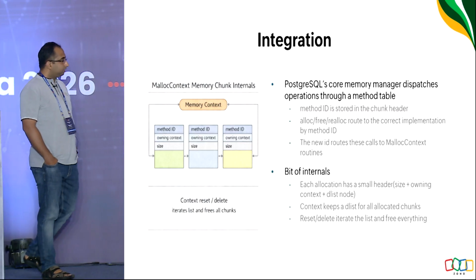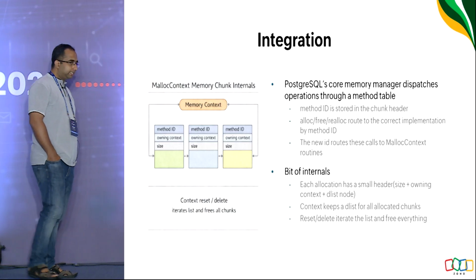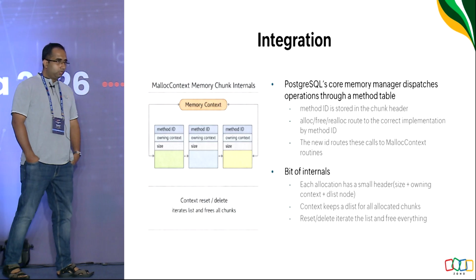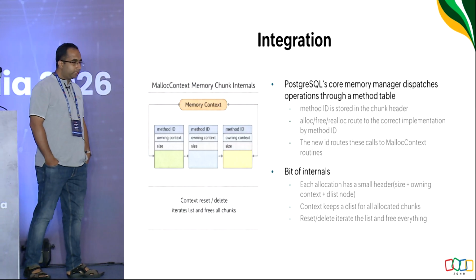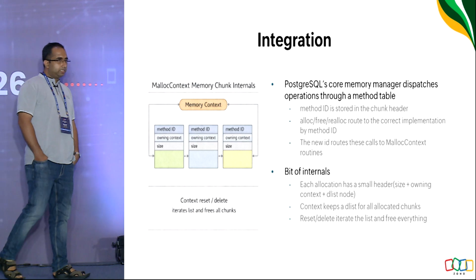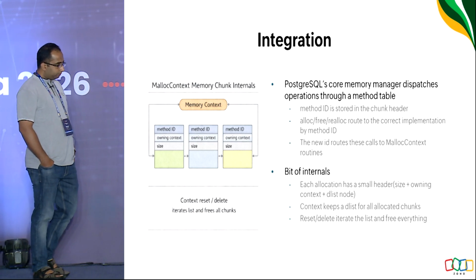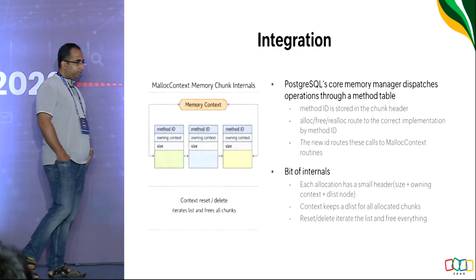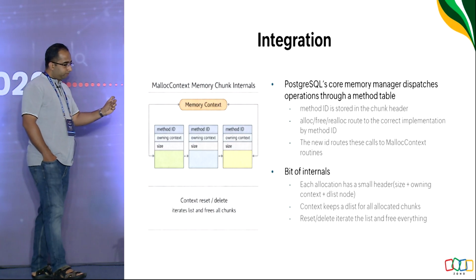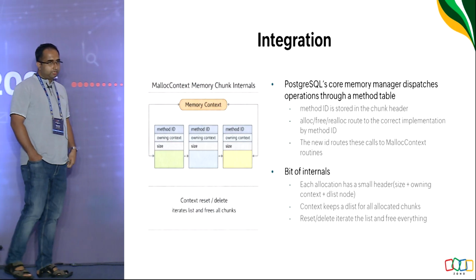A bit about the internals. Every allocation will have a small header. This header has the size of the allocation, a dlist node, and a pointer to the actual context. The context keeps track of all the allocations that happen using a dlist. So when an alloc happens, we do the allocation plus the header, and we push this into the memory context dlist.